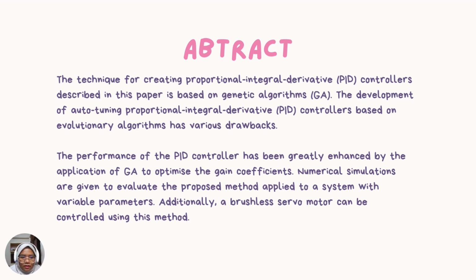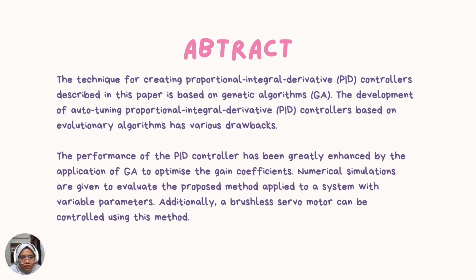For the abstract, the technique for creating proportional integral derivative PID controllers described in this paper is based on genetic algorithm GA. The development of auto-tuning PID controllers based on evolutionary algorithm has various drawbacks.